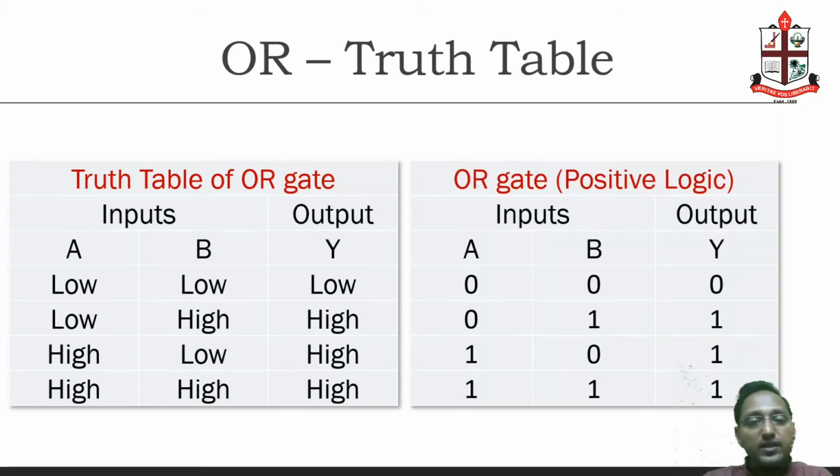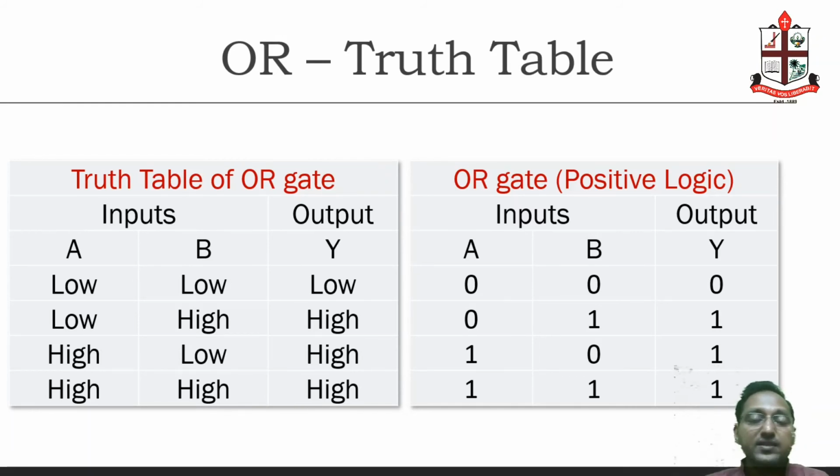Here you see the truth table of the OR gate for positive logic, where 0 stands for low and 1 stands for high. So naturally the first output is 0, because in the OR gate we have the output as low, and for all other 3 cases we have output as 1 since the output is high. Now this is for positive logic.